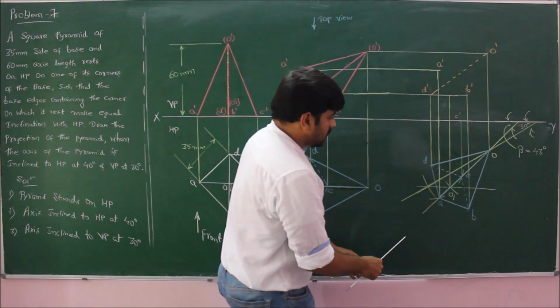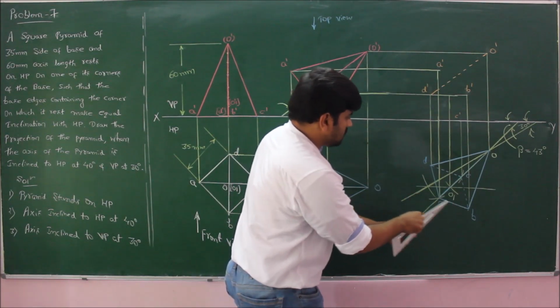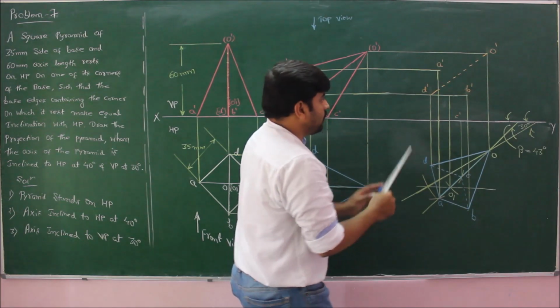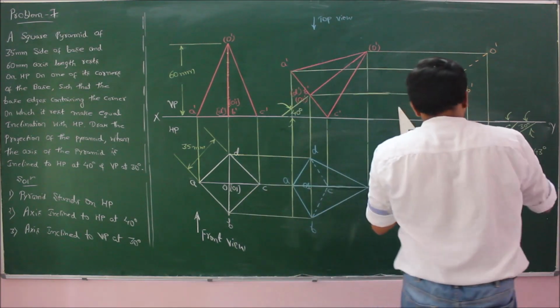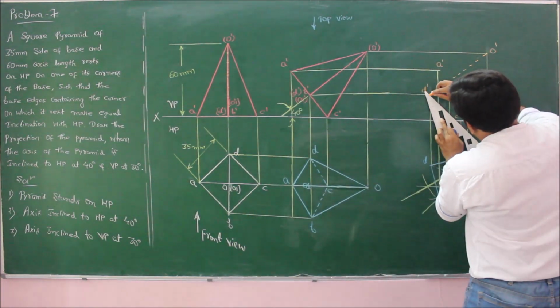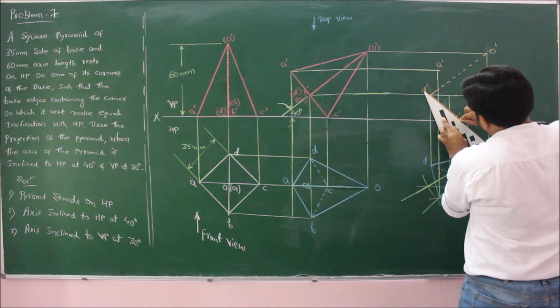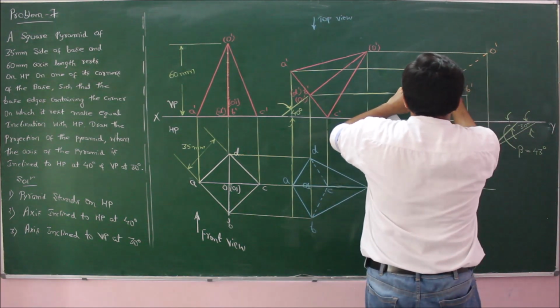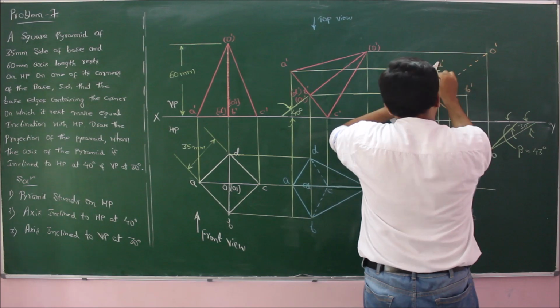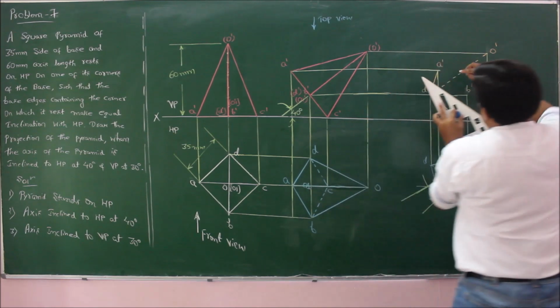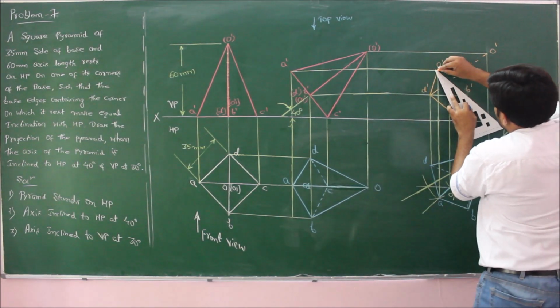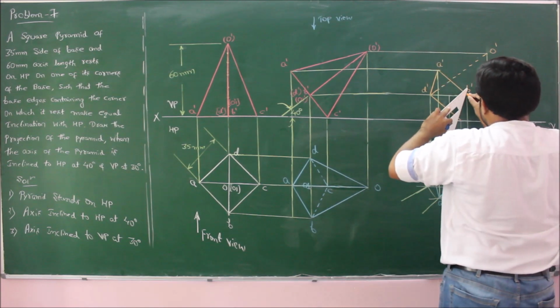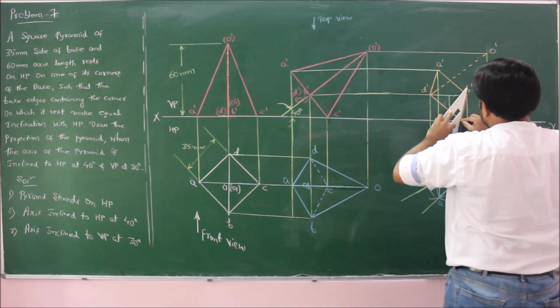And also if you see, for the observer, the base is visible. Therefore, since D to C is coming on the boundary, mark it as visible. Also, D to A is also coming on the boundary, mark it as visible. And finally we have D to B and B to C again.